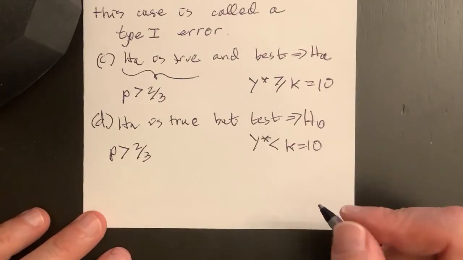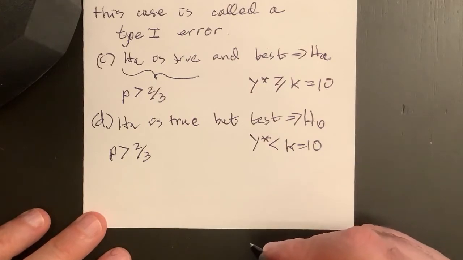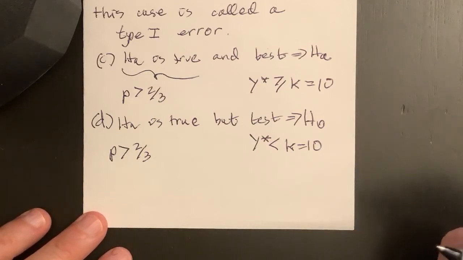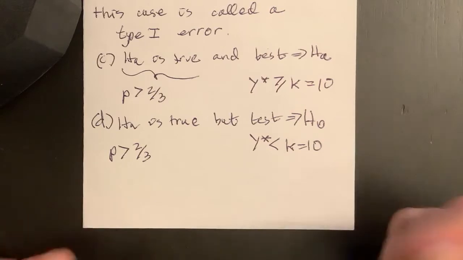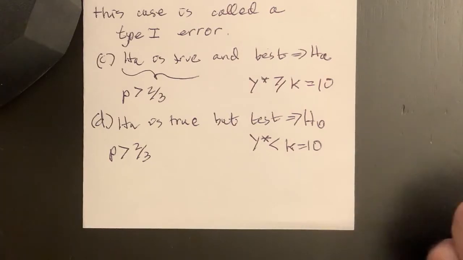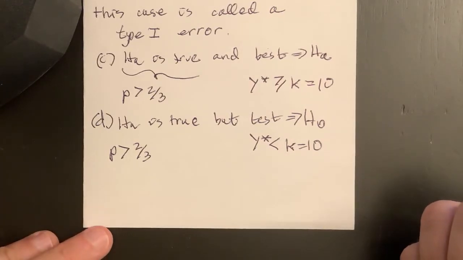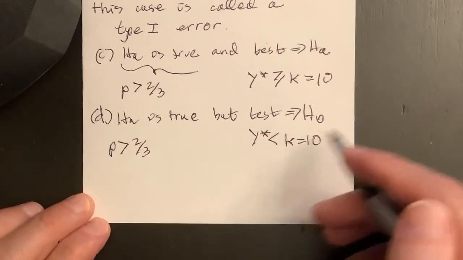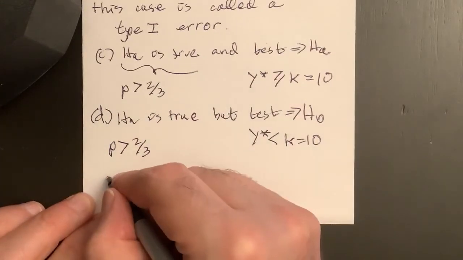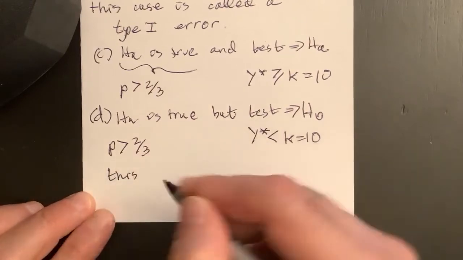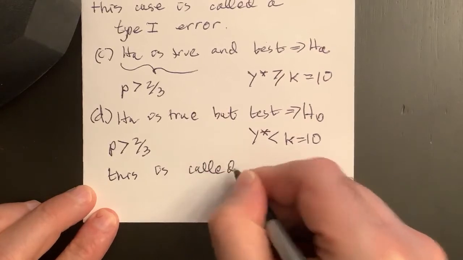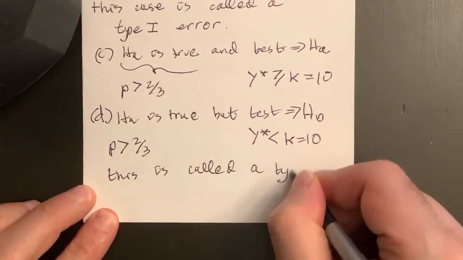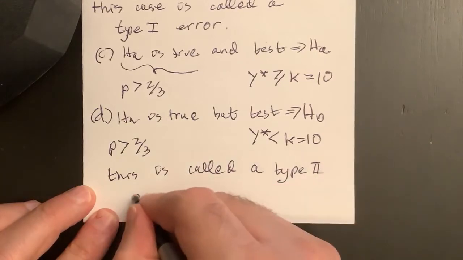P is greater than 2/3, but the way you have your test set up and how the sample went, only 9 or fewer of the 12 said they would vote for A, so the test picked H0. This is the only other kind of error. This is called, I bet you know, a type 2 error.